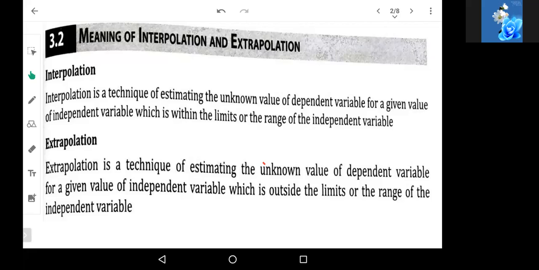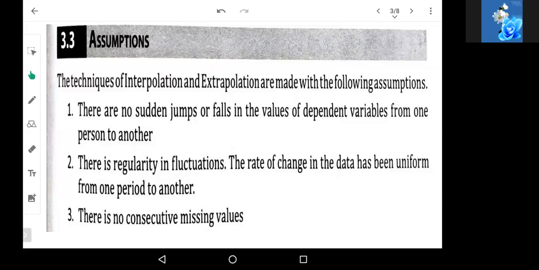Now, assumptions. What are the assumptions that have to be considered while solving the interpolation and extrapolation problems? The techniques of interpolation and extrapolation are made with the following assumptions.